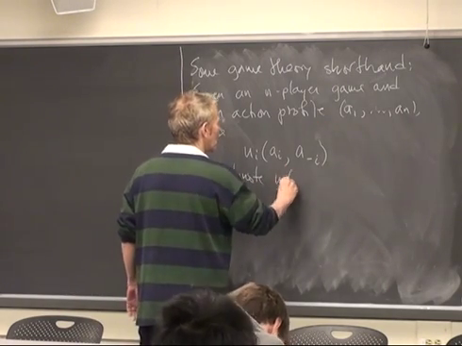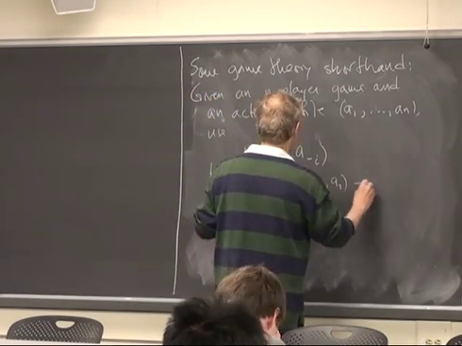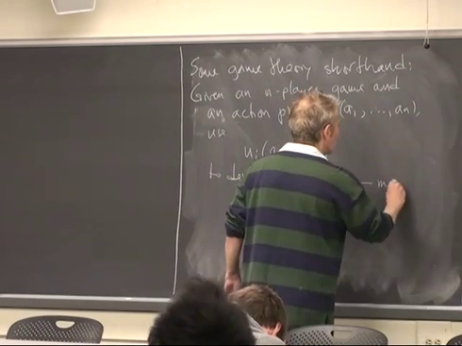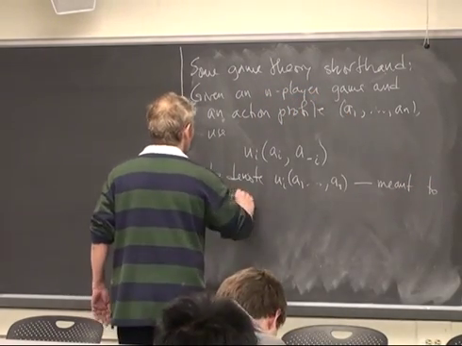U sub I of A1 through A sub N, where this is meant to be read as follows.